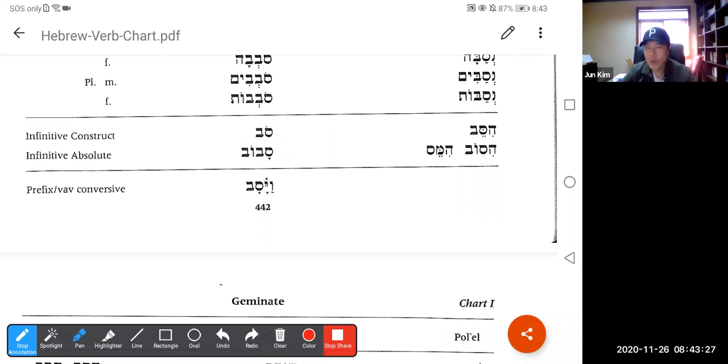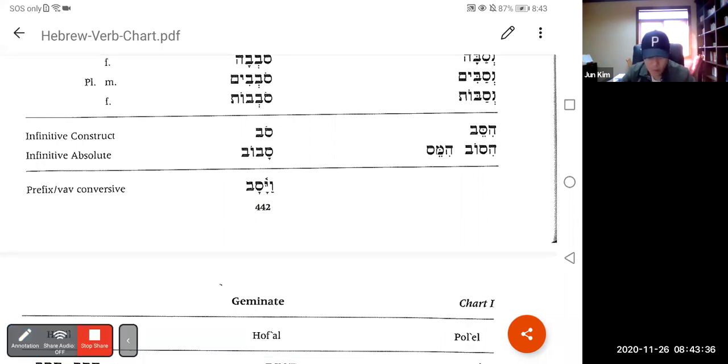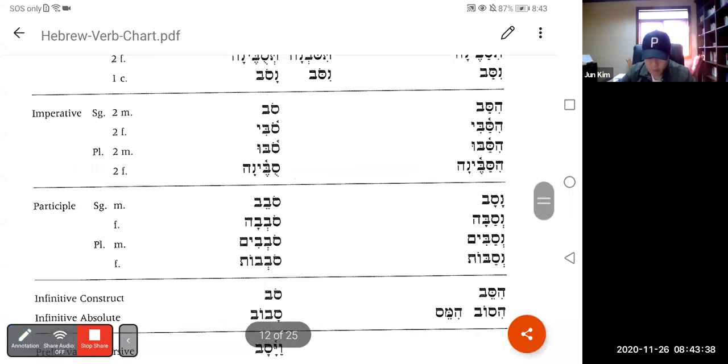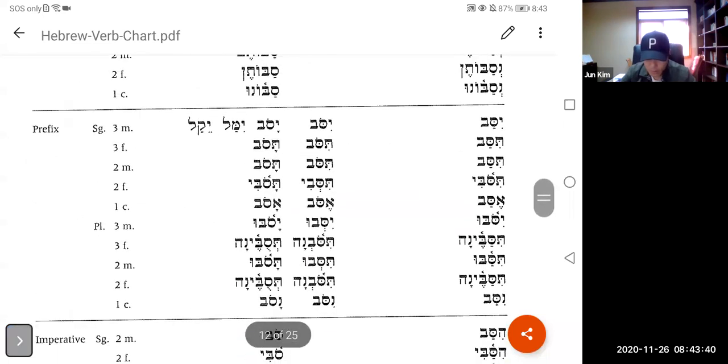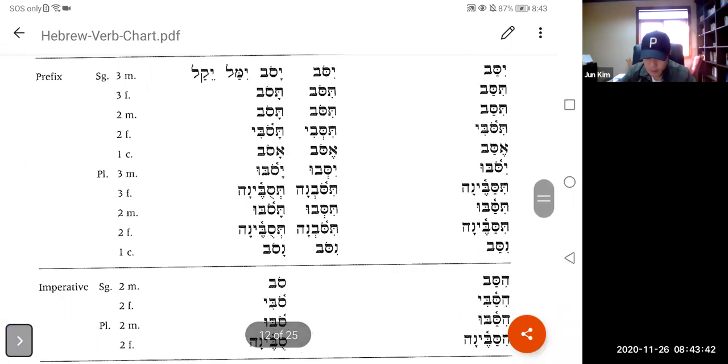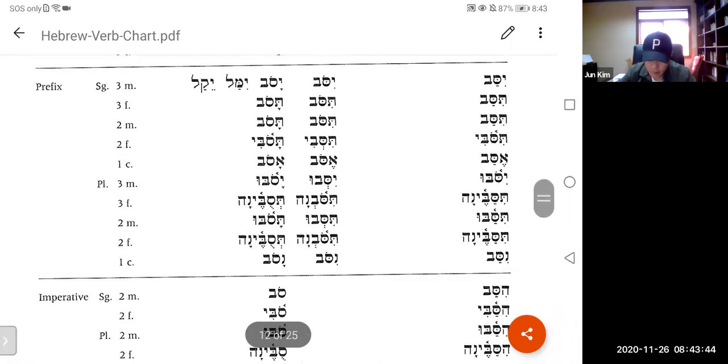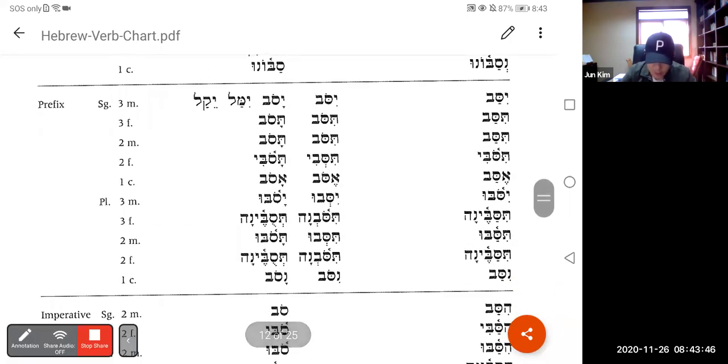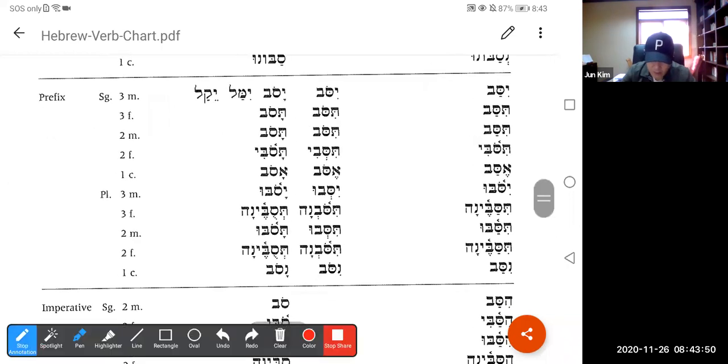And there will be other similarities between geminate verbs and hollow verbs if you pay attention to the other indicators for other forms and stems. So we are done with prefix form. Now you can see, more confusingly, it's not going to take only this qamets.